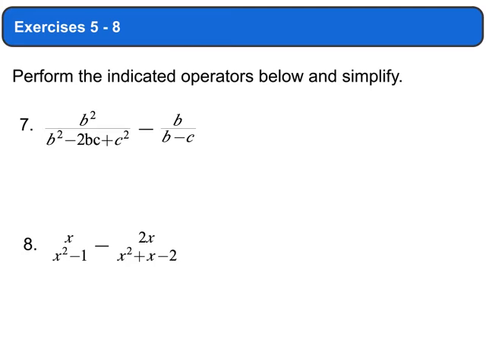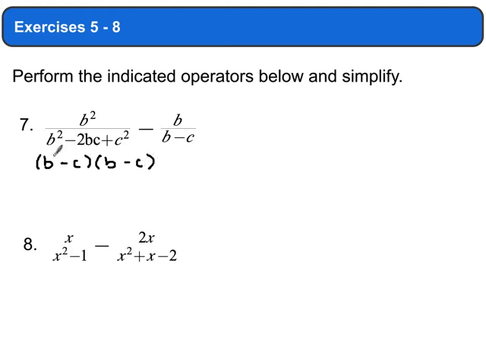Number 7, right, we have b squared over this piece, which we need to factor, minus b over b minus c. So we're going to factor here and see what's in this one. We put a b here and a b here, and it looks like to get this we need a minus c and a minus c.